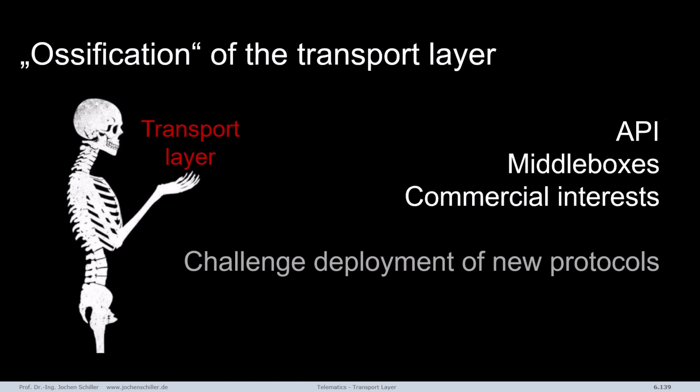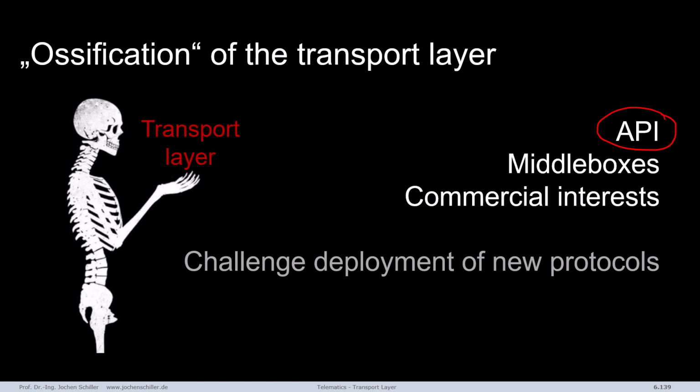Well, they are the APIs. That means your operating system has to support the new protocols. And if the big vendors of operating systems don't want to support the protocol, then tough luck. Yes, there are free operating systems, Linux, etc. Then you have some experimental implementations, but if the majority still doesn't support it, if the big servers don't support it, you cannot simply roll out a new transport layer protocol.